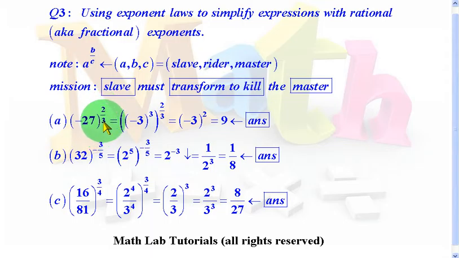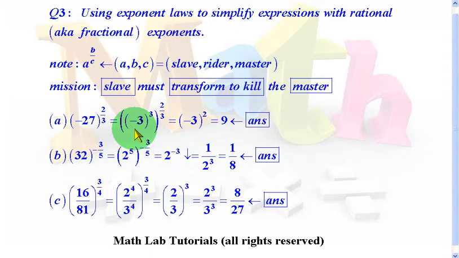The master, which is 3, is begging the slave to express itself as a power of 3. Okay, so the slave tries his best to accomplish that mission. And of course, -27 can be written as -3 to the power of 3. So the slave managed to comply with the master's wish.